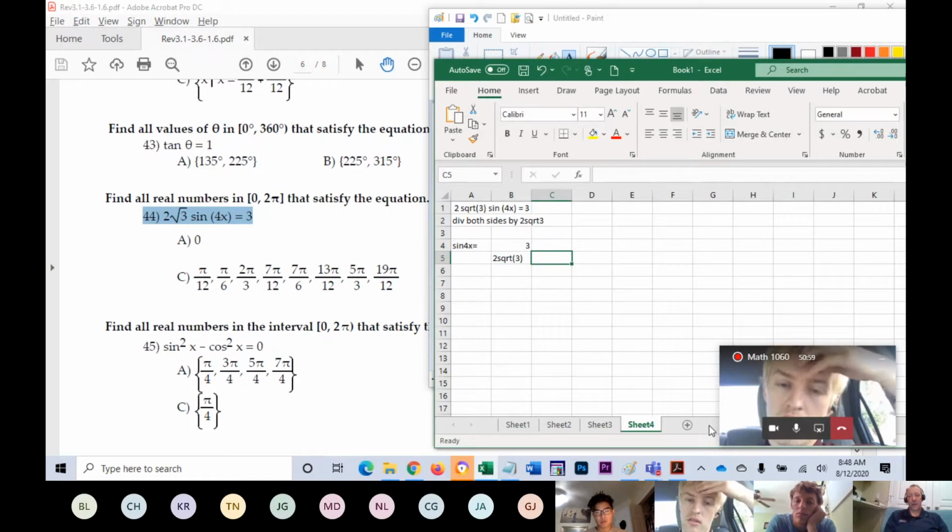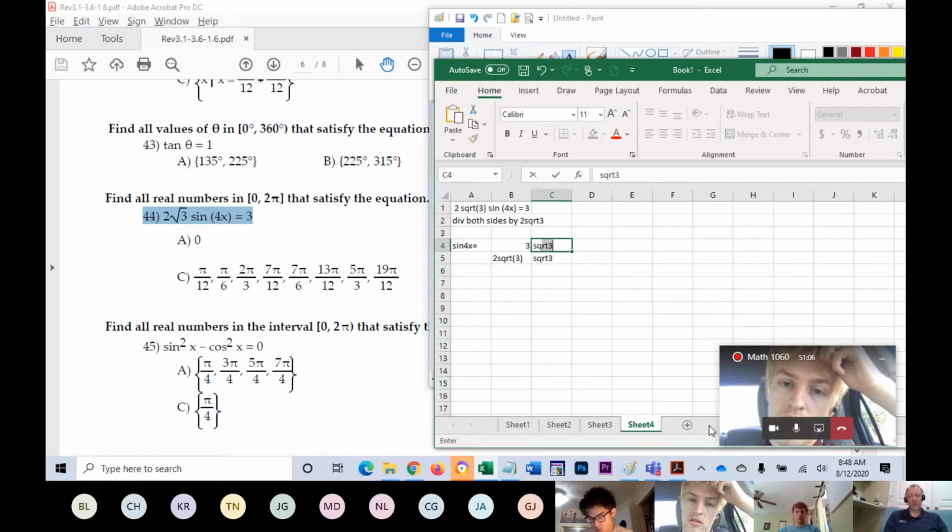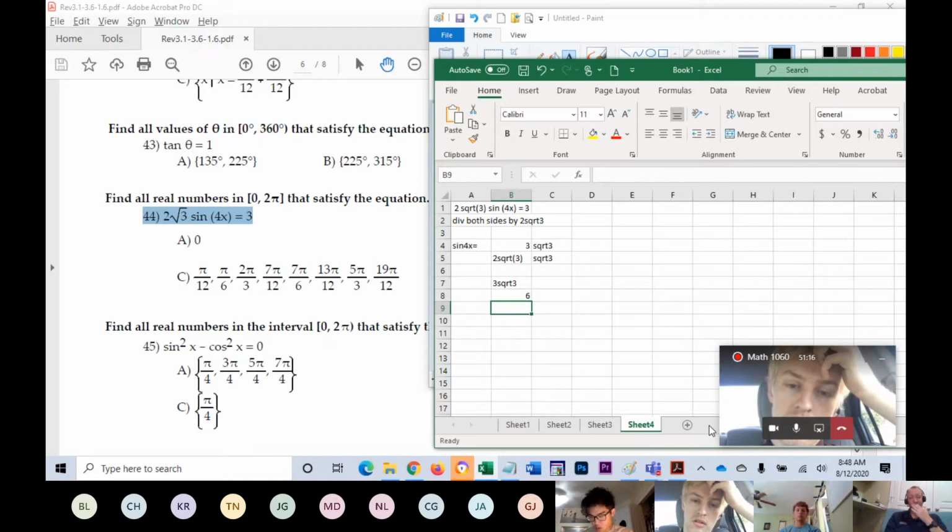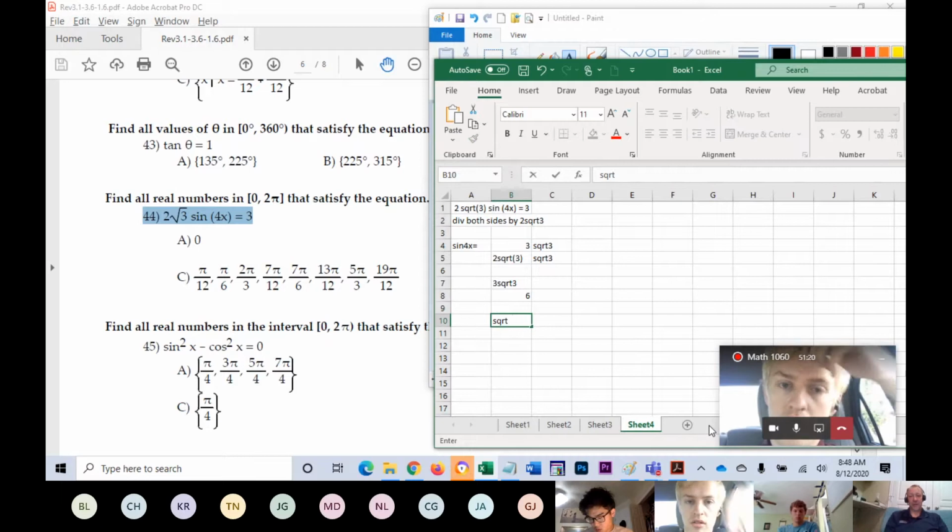Now I could rationalize the denominator. This might help us here by multiplying by the square root of 3. Okay. So that gives me 3 square roots of 3 on the top, and it gives me 6 on the bottom, which is the same thing as the square root of 3 over 2.